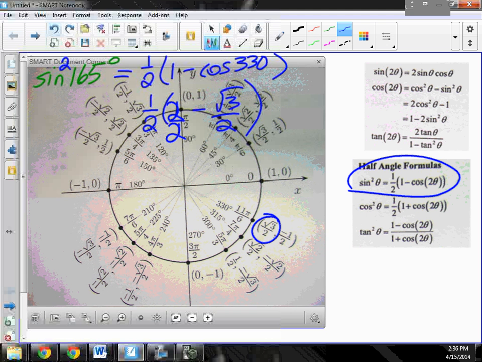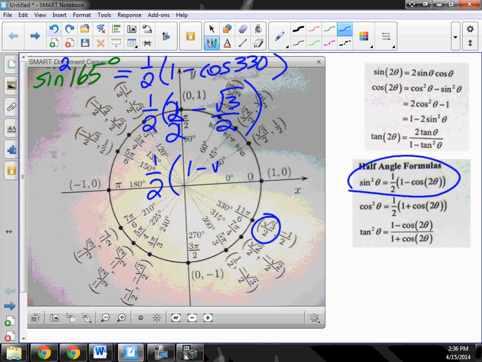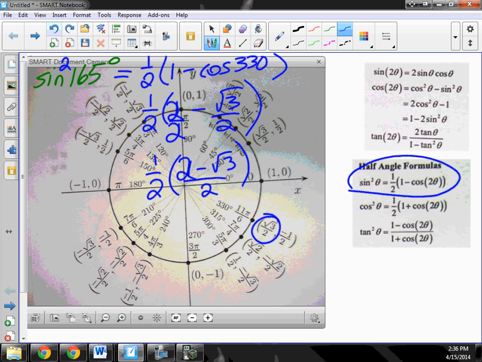So 2 over 2 minus root 3 over 2. So 1/2 times 1 minus root 3 over 2. Oh, sorry, there's a 2 there. You're right. Okay. Now what?